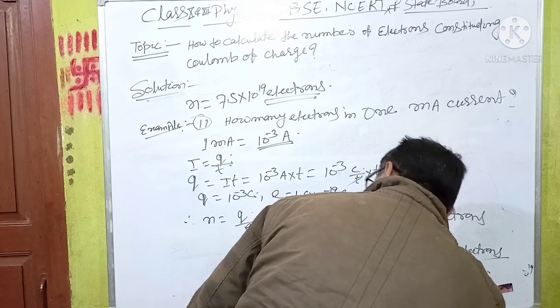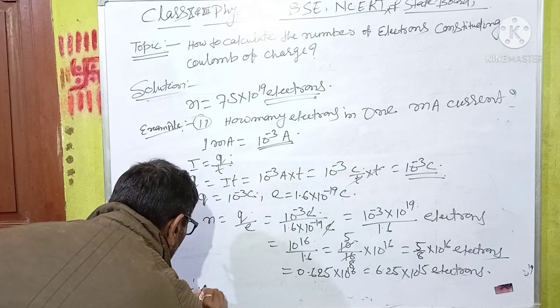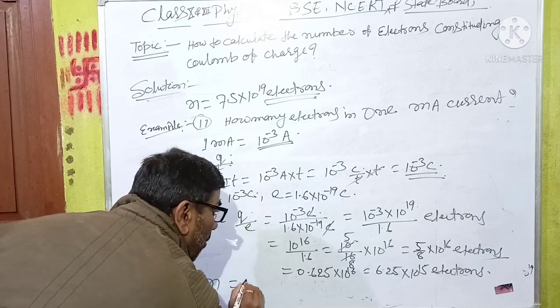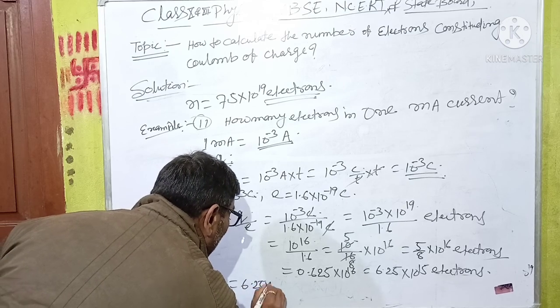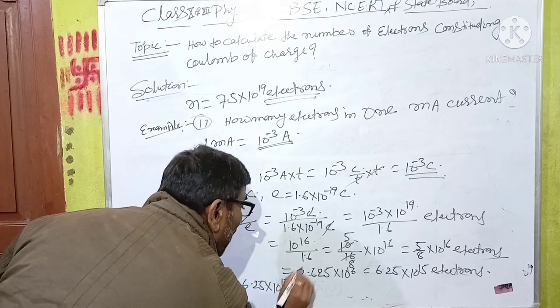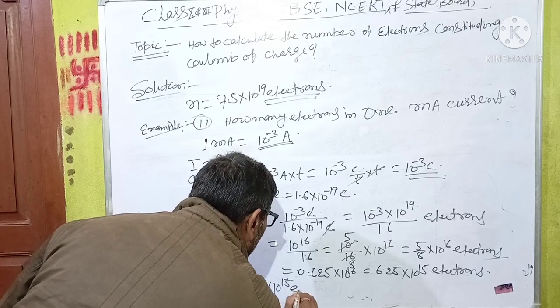Therefore N is equal to 6.25 into 10 to the power 15 electrons.